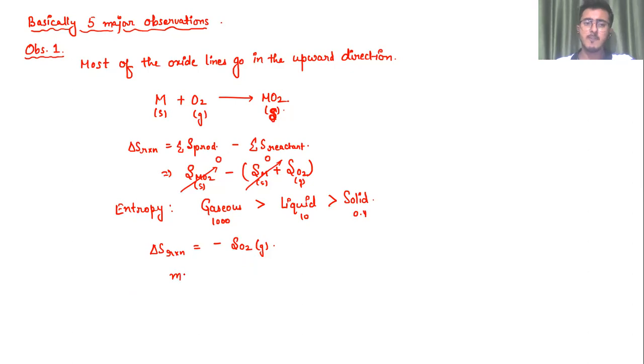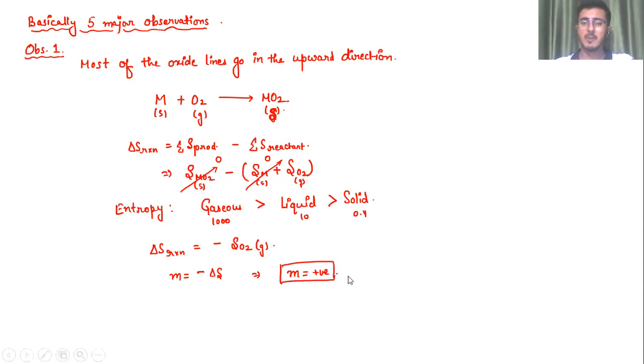Now, the slope of this line, the oxide line, is nothing but minus delta S. So this negative sign combines with the entropy value of your oxygen in the gaseous phase, and your slope becomes positive.